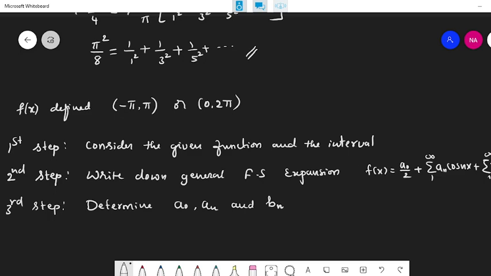We have a formula for a naught, that is 1 by pi. I have to write the endpoints of this interval, whether minus pi to pi or 0 to 2 pi, looking into the given problem.